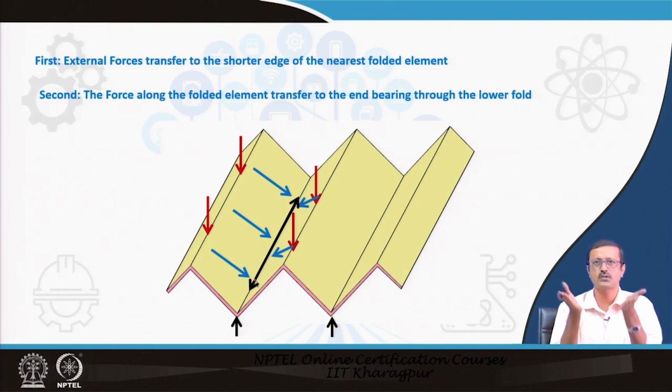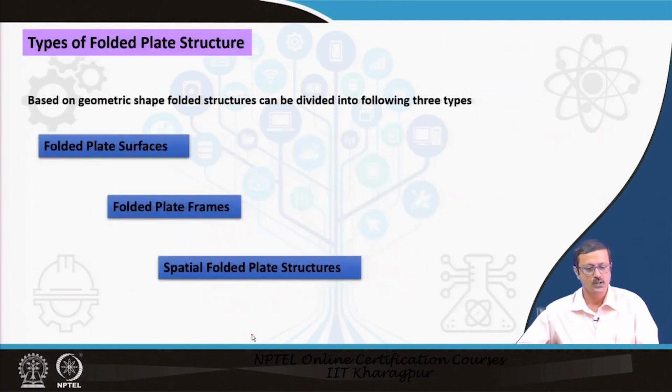Finally, from the two plates, those forces accumulate at the lowermost point of the junctions, and the black arrows are generated, and finally that transmits the load to the structure.